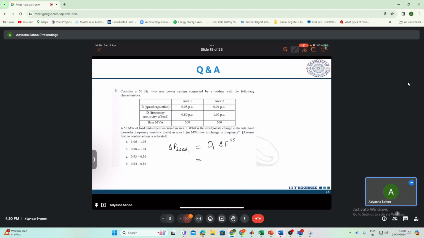D1 is 0.8 and this is 0.002136, which is 0.001788 per unit, or 0.001788 into 500 megawatt.